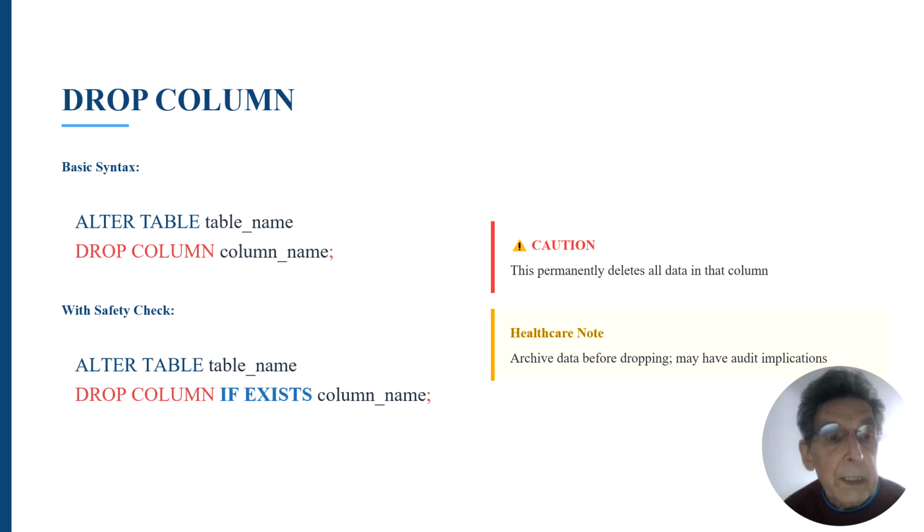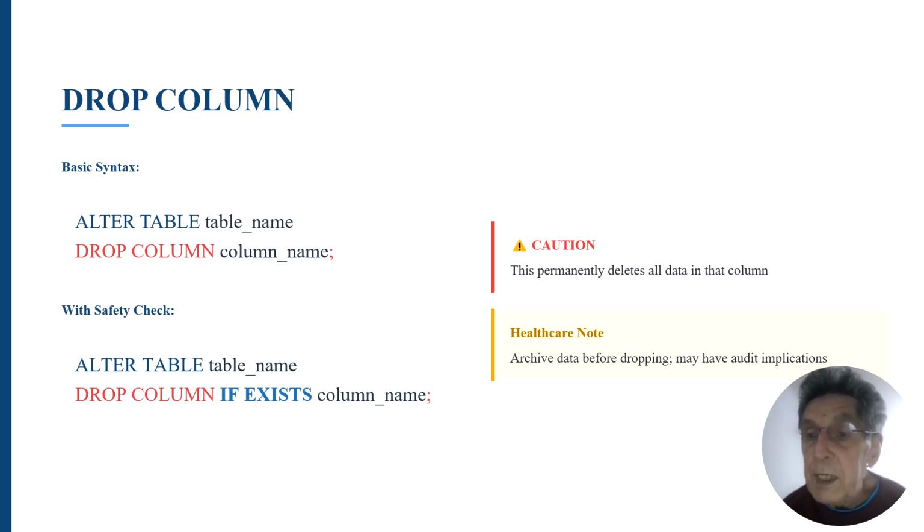Another statement type is drop column. This permanently deletes data. There is no undo. The basic syntax is to alter table and give the table name, drop column, then give the column name. And the safer version is to alter table name, drop column if exists, column name, so you don't crash the system if for some reason you misspelled something.